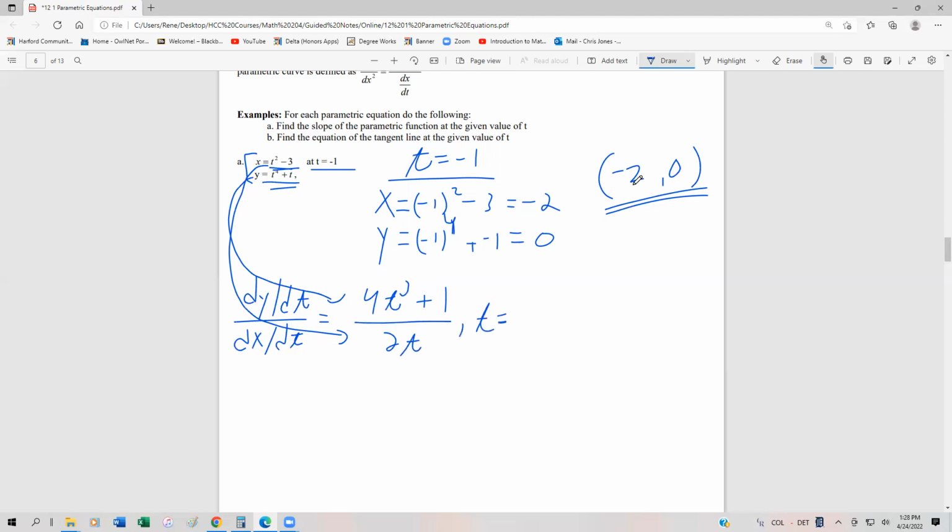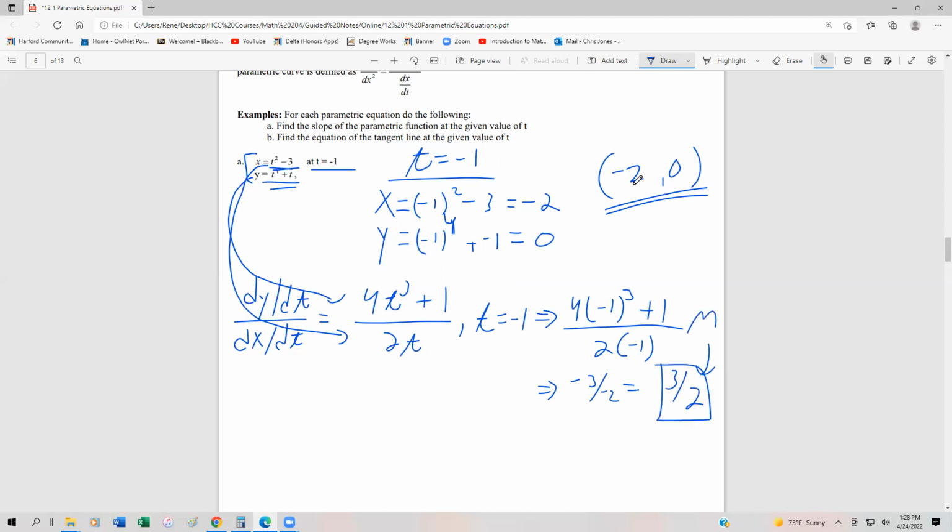Now we're going to evaluate that when t is equal to -1. So that's going to give us (4 times (-1) cubed plus 1) divided by (2 times -1). I believe that's going to work out to be 3/2 because we get -3 over -2, which is 3 over 2. And this is our slope at the given point.